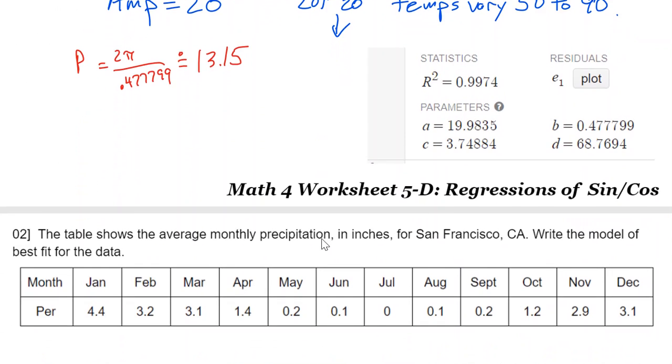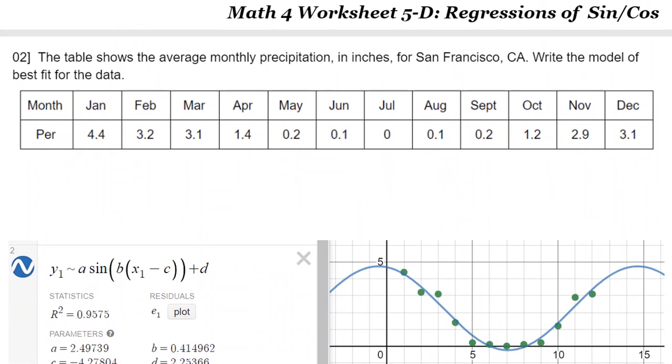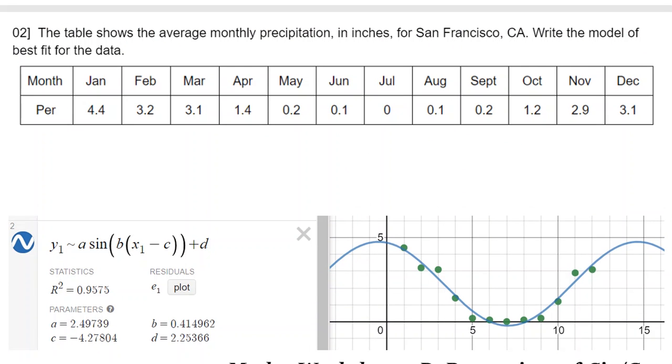Okay, let's move on to number 2. We have the monthly precipitation in inches for San Francisco. When you plug in that table, your graph is going to look something like that at the bottom. And notice the R squared value is 0.9575, which means this is really good. This is fairly close to the curve itself.